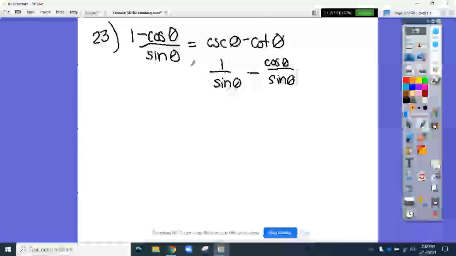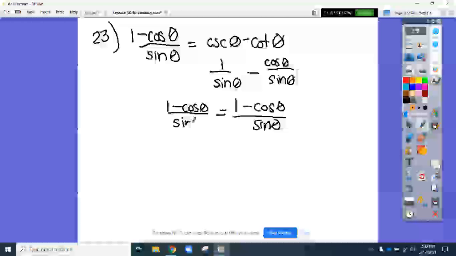I want to bring these together because I see that the left-hand side is one fraction. And look, I already have a common denominator. So I am actually here at my answer, which is 1 minus cosine of theta over sine of theta. So this wasn't a long one. If you did start on the left-hand side, you would just be splitting the fraction. And then you would see that you got the quantity that you were trying to get.